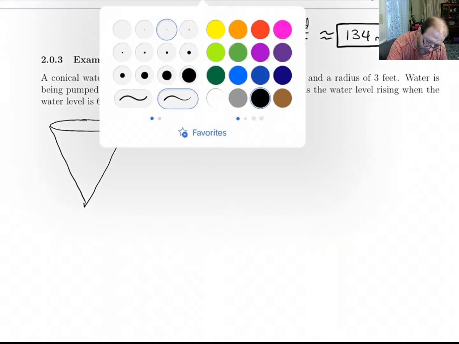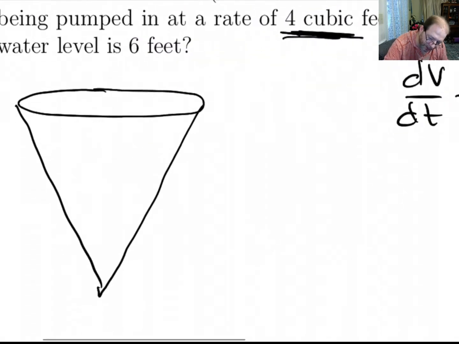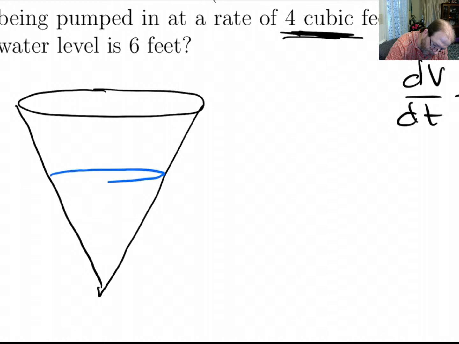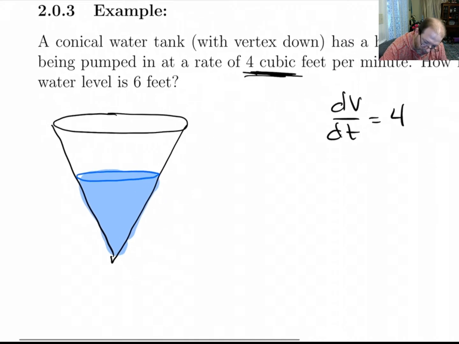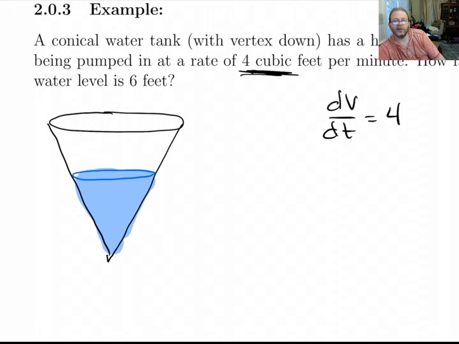Okay, I need to draw the water in here. So here's my tank. Let's say this is the water level here, and underneath that we've got water. So when we're talking about volume, dV dt, we're talking about the volume of water, so that's the volume of this down here.